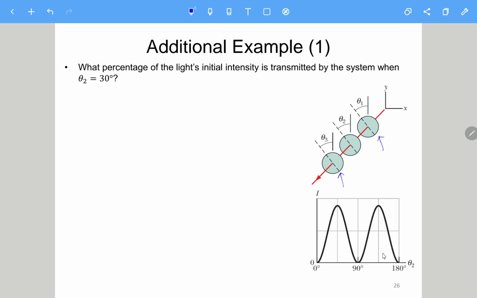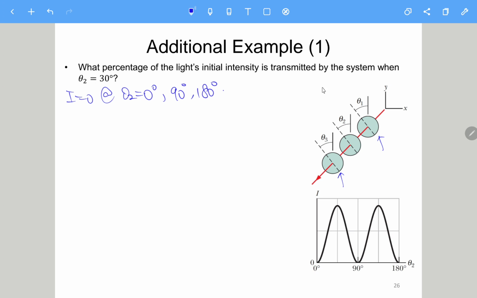As we see, I is 0 when theta 2 is 0 degrees, 90 degrees, and 180 degrees.